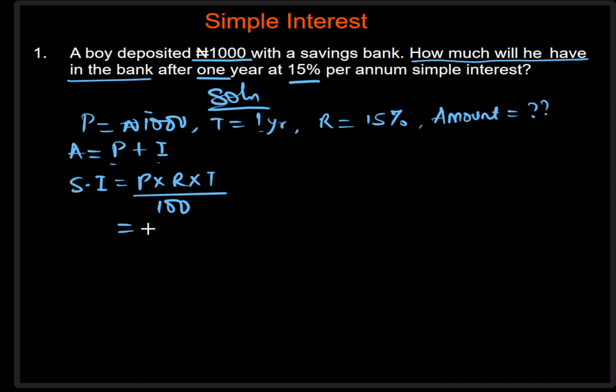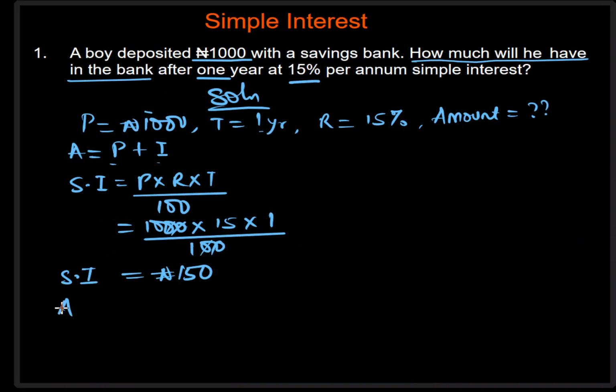So that will give us 1,000 times 15 times 1 all over 100. So the zeros cancel, we are left with 10 times 15. That will give us 150 naira. So our simple interest is 150 naira.